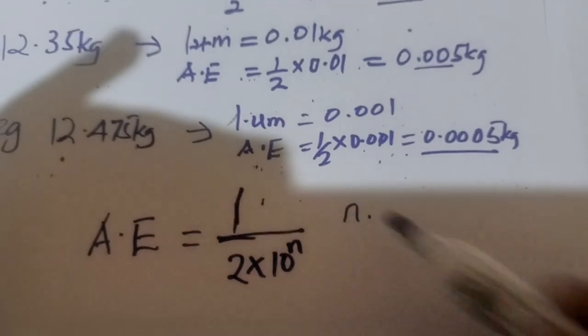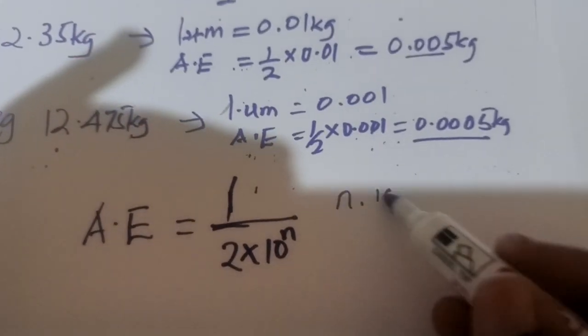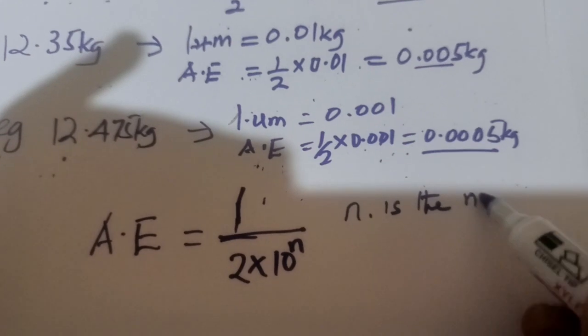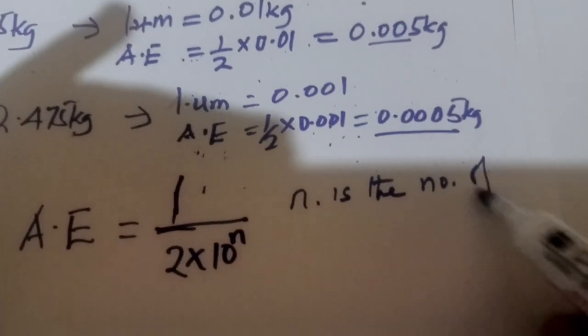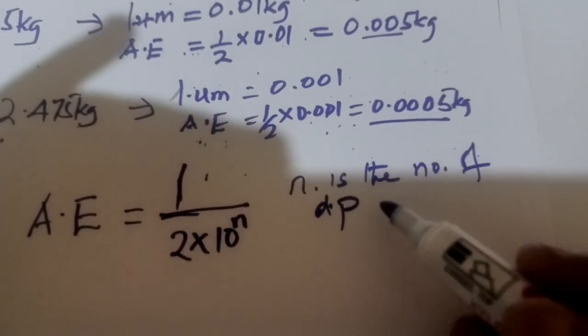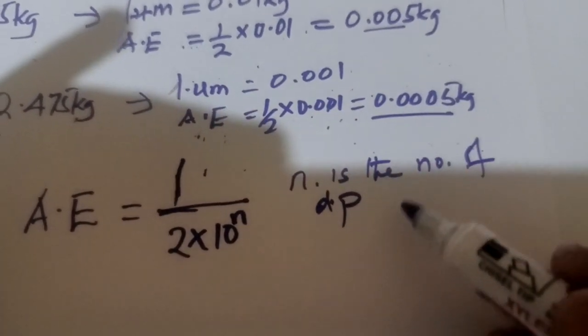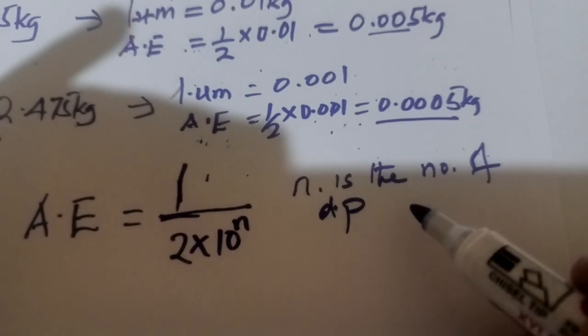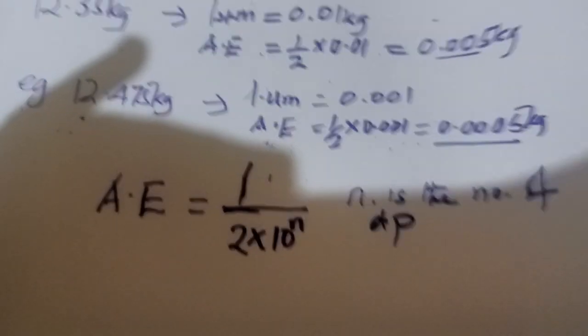Now what is our n here? n is the number of decimal places, the number of decimal places that a measurement is given to.